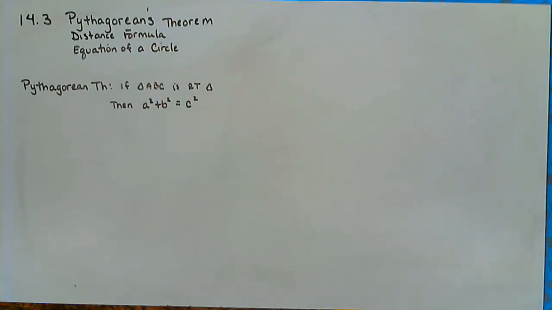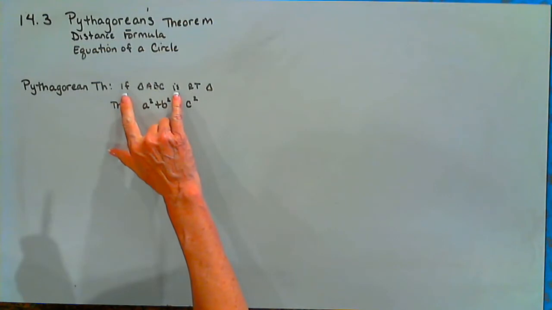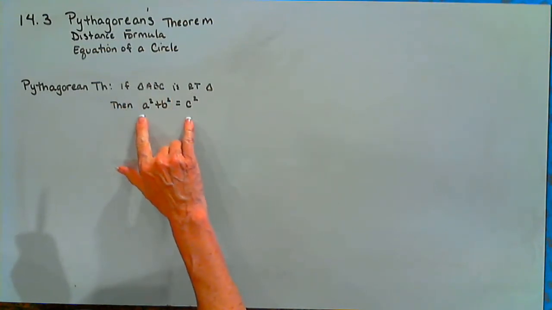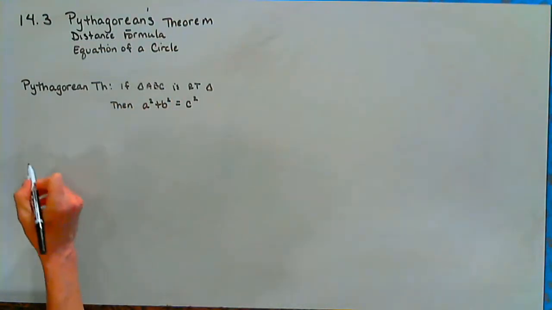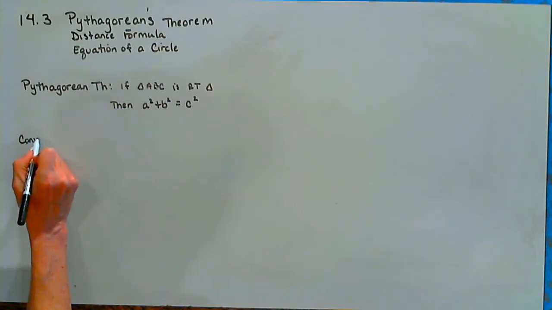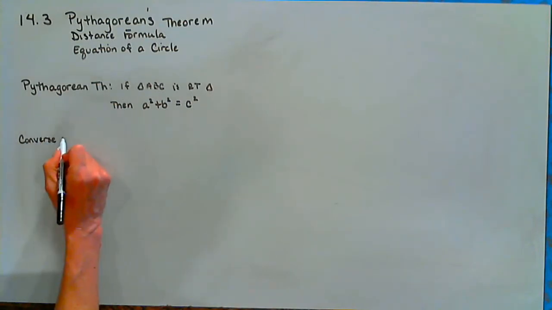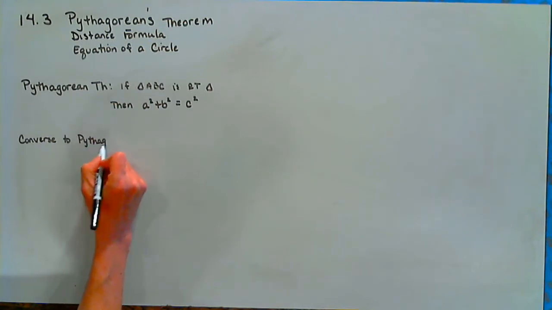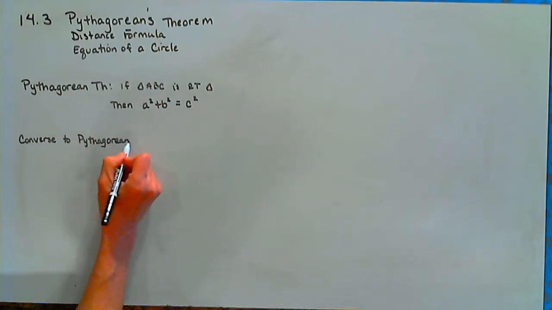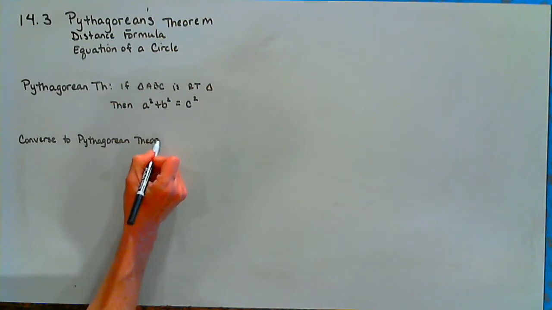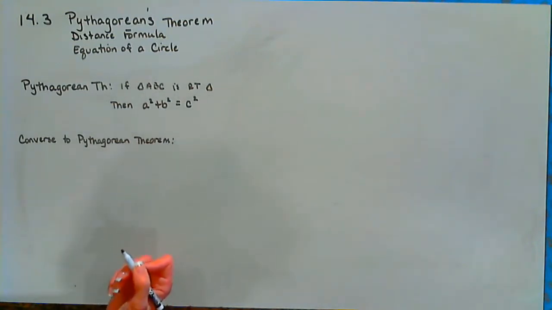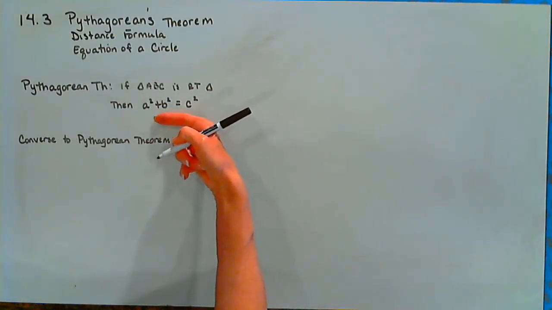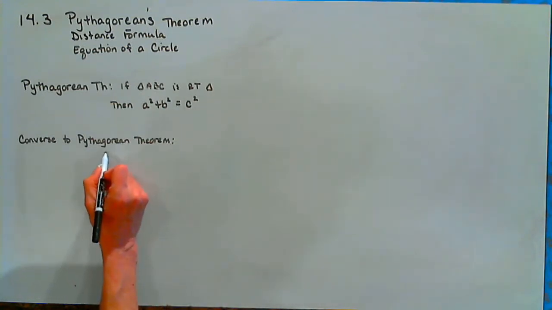Well, if you recall from the last course, the first part of the book, a converse says to take your hypothesis and conclusion and switch places. So the converse to the Pythagorean theorem, well, we have to take the conclusion and make it the hypothesis.